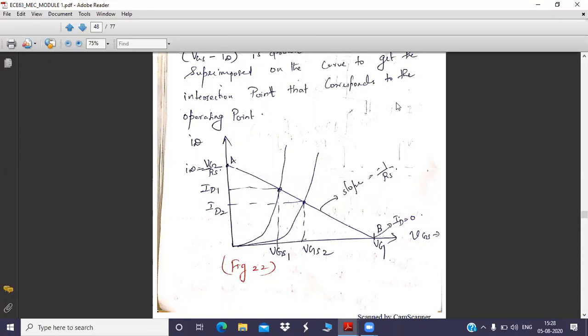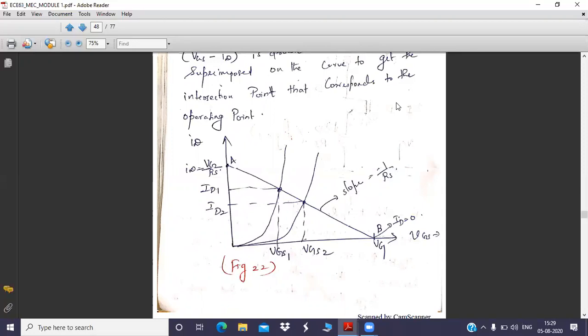That is fine. If it is shifting upwards, what will happen to this change? If ID is shifting to the upper side, obviously this B is shifting to the left side, isn't it? The length of the ladder is constant only, right? So B will be shifting to the left side. So this change is getting more.